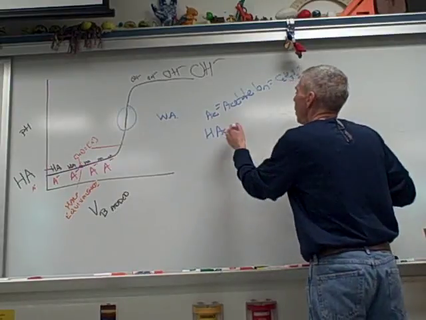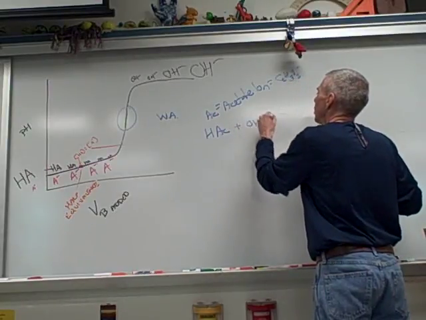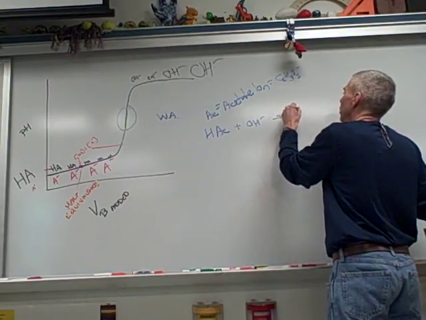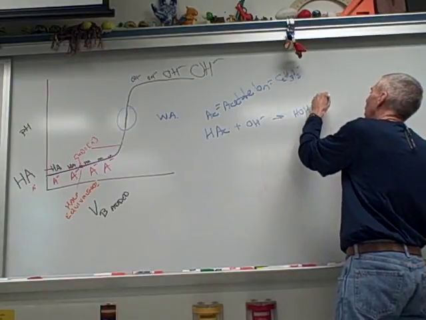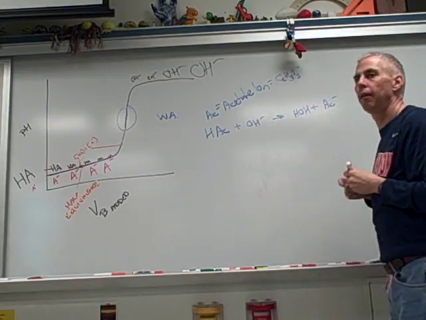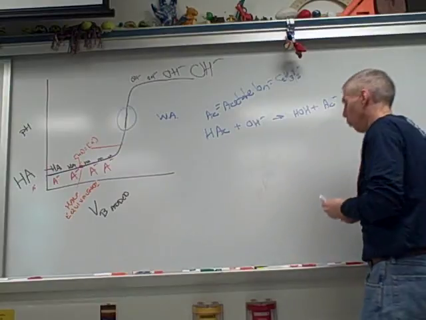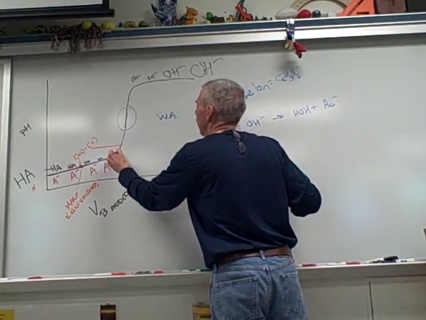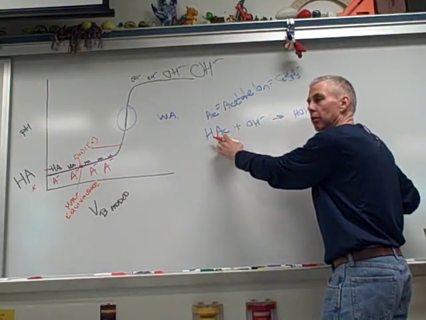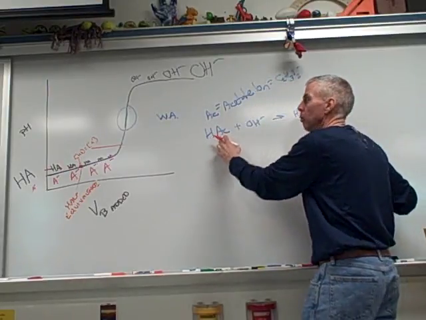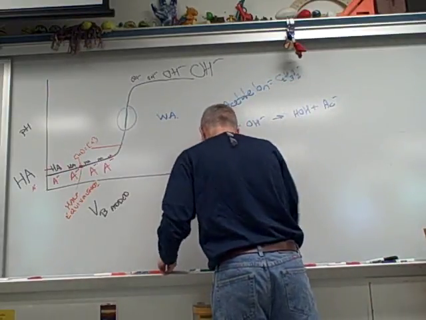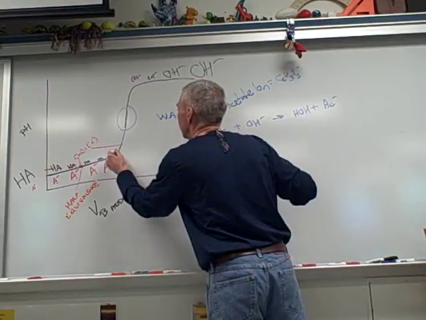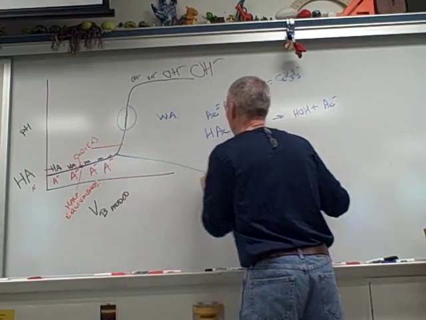Now, HAC is going to react with hydroxide. We're going to keep going until we've got water and acetate ions. Now, when I reach this point, I've run out of this. Let's look for a moment at this point right here, right before it jumps.